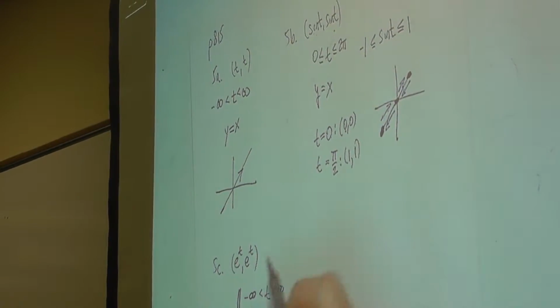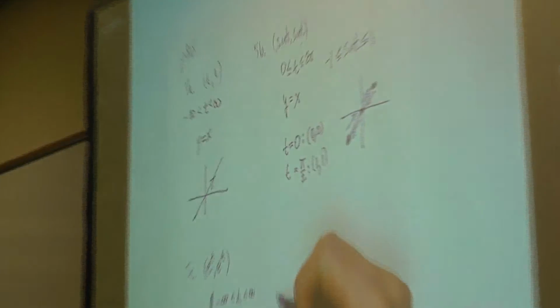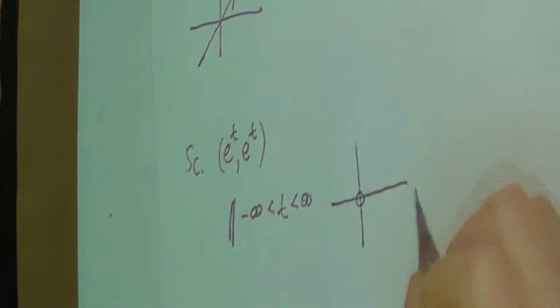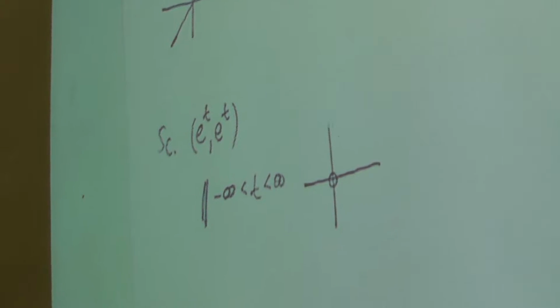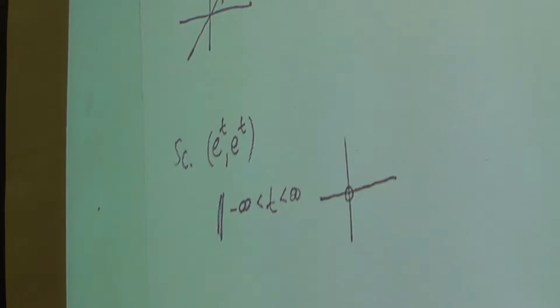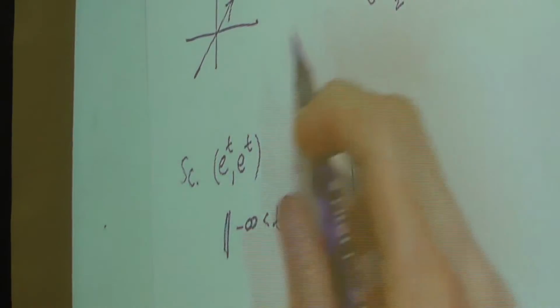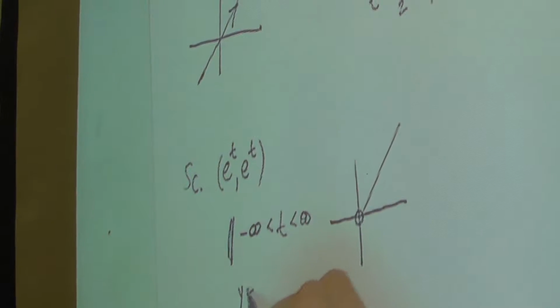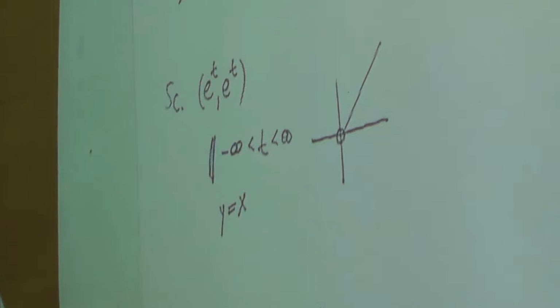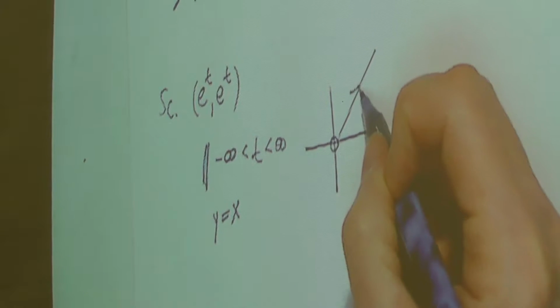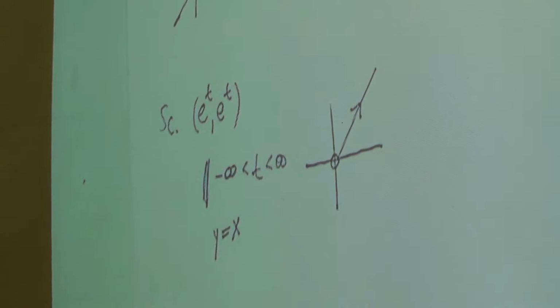Okay. Now, with this, you're going to have an open circle at the origin. And you're still working along y equals x, but your parametrization looks like that.